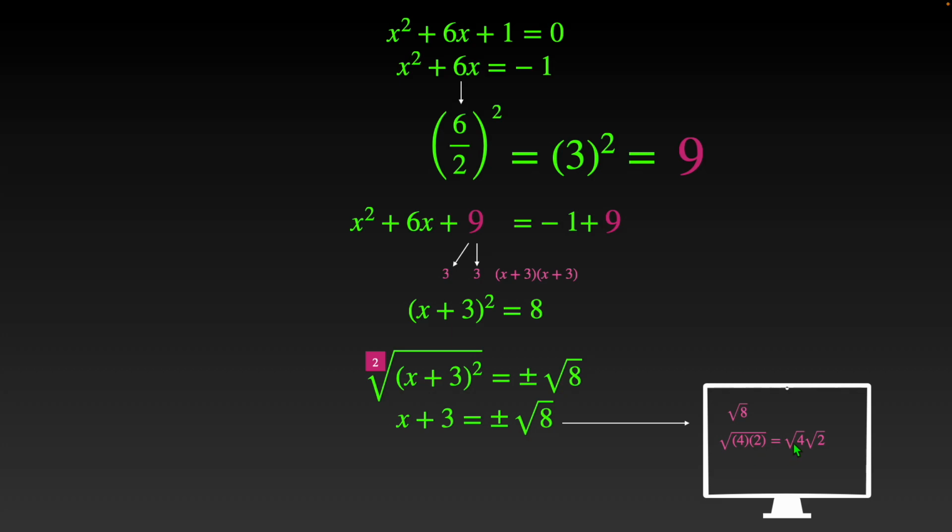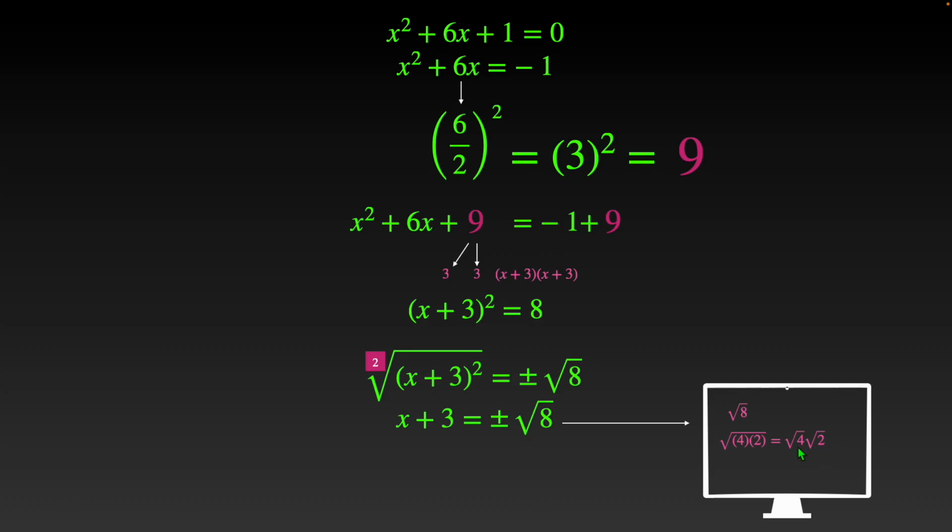And now we can separate them as radical 4 times radical 2. We can do that because we have a multiplication between 4 and 2. If we had plus or minus here we wouldn't be able to do that. So because we have multiplication, we can separate them into radical 4 times radical 2.